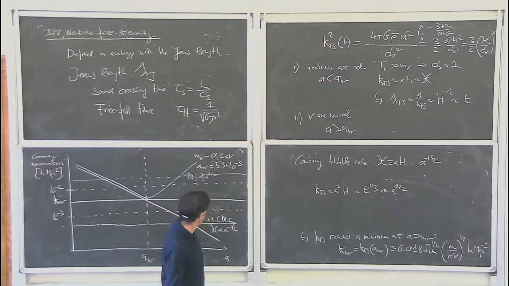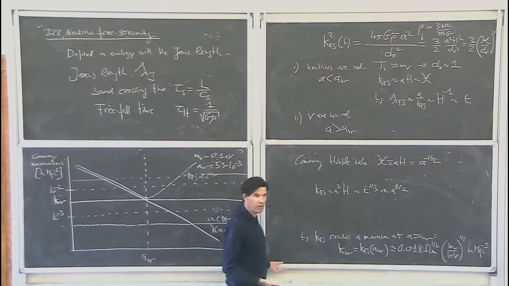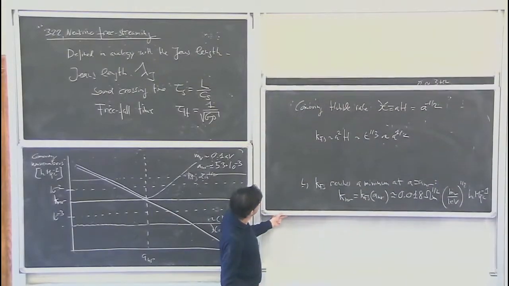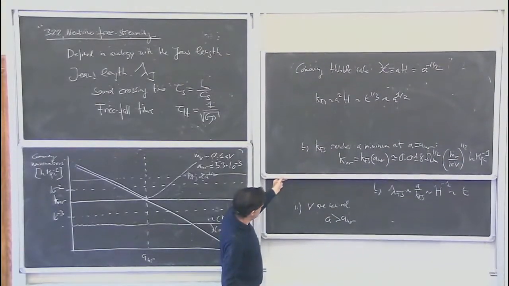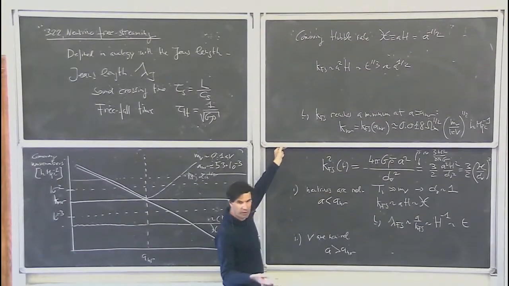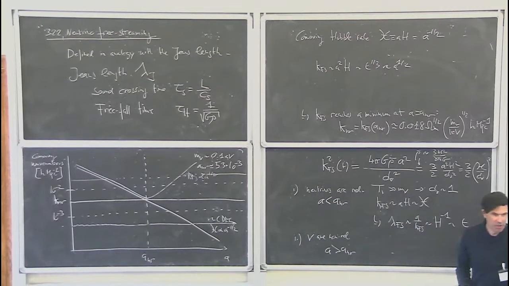the impact of this free streaming on the growth of cold dark matter fluctuations? Well, this free streaming has an impact because obviously neutrinos, like any component of the universe, contribute to the gravitational potential.